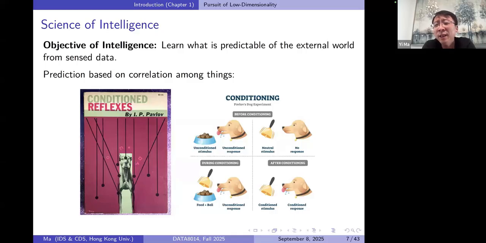Like we mentioned last time, the objective of intelligence is really for animals or humans to learn what is predictable about the external world from the data they sense. And most of the time in animals, they learn how to predict the world through correlations. They see things are correlated, like in the most famous conditioned reflex, Pavlov's experiment.